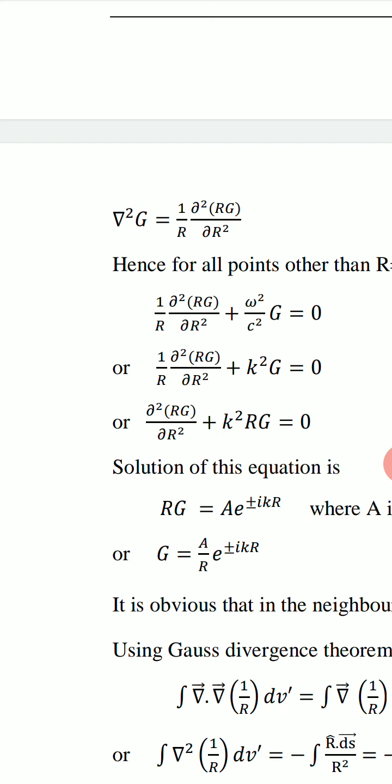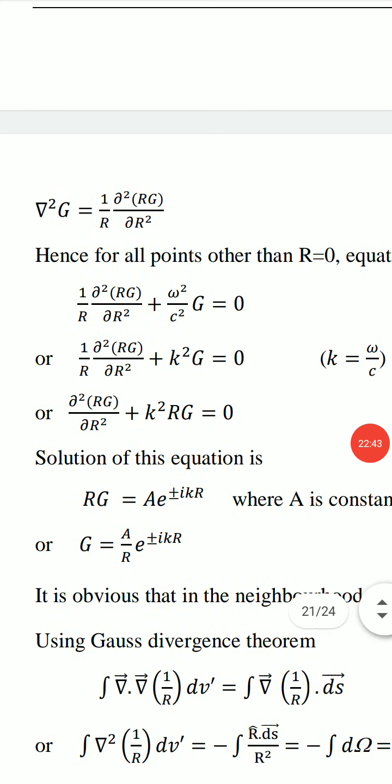It is in Cartesian coordinates x, y, z. In terms of r, we can write del square as d2 by dr square, and in place of g we write rg. R is multiplied in g and r is divided. We write 1 upon r in front of this expression. Del square g for a spherically symmetric situation can be written as 1 upon r d2 by dr square rg.